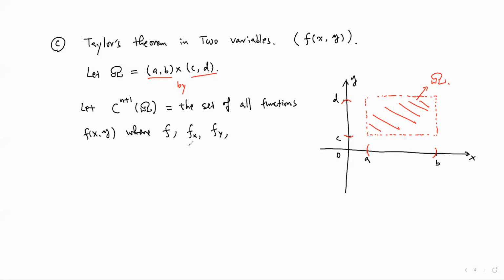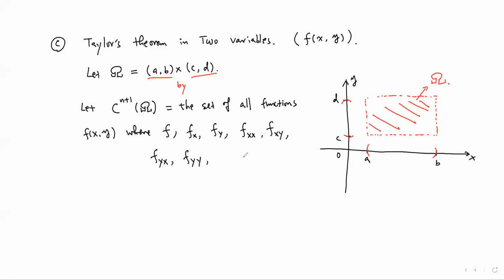This is an order 1 partial derivative, and order 2 partial derivative: take derivative with respect to x twice; with respect to x first, then to y; with respect to y, then to x; with respect to y, then to y.